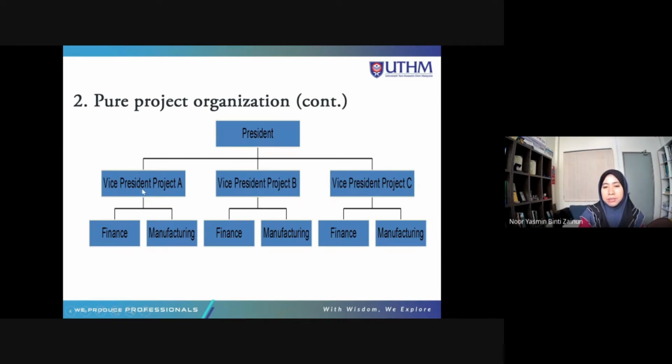I have 3 projects, so I will divide my staff into 3 teams: under Project A, Project B and Project C. Below the project, then they have their functions, finance, manufacturing, like that. In the functional structure, under the president there are the functions. Finance has one head, manufacturing has one head, and they control each function and all the projects, A, B, C. But for the pure project, it is divided by project.